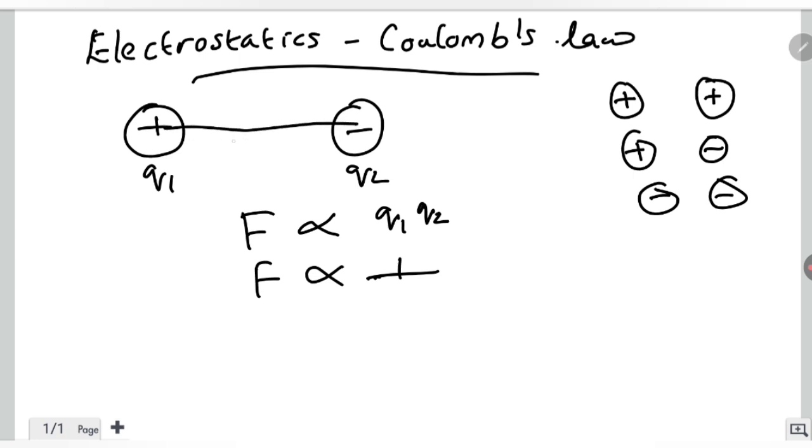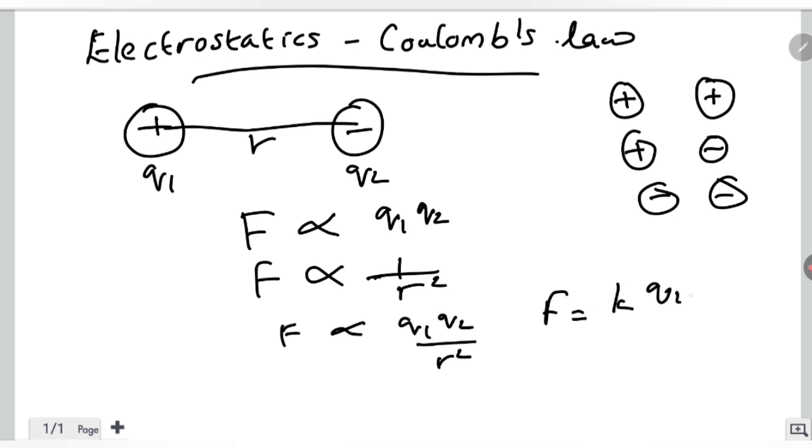Let's say the distance between these two is r, so F is proportional to 1 over r squared. So F is proportional to Q1 Q2 over r squared, or F is equal to k Q1 Q2 over r squared. Okay, so that is Coulomb's law: force F is equal to k Q1 Q2 over r squared.